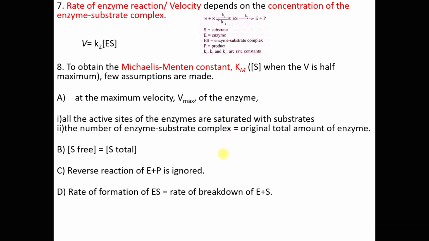And then the rate of formation of enzyme substrate complex is equivalent to the rate of breakdown of the enzyme and substrates. And the last assumption, the total number of active sites remains constant. Kalau ada 100 enzyme, mesti ada contohnya 100 active sites ataupun 200 active sites, dan that value doesn't change. Tidak boleh lah ada 100 enzyme, sepatutnya ada 200 active site, tiba-tiba ada 300 active site. Tidak boleh lah macam tu.